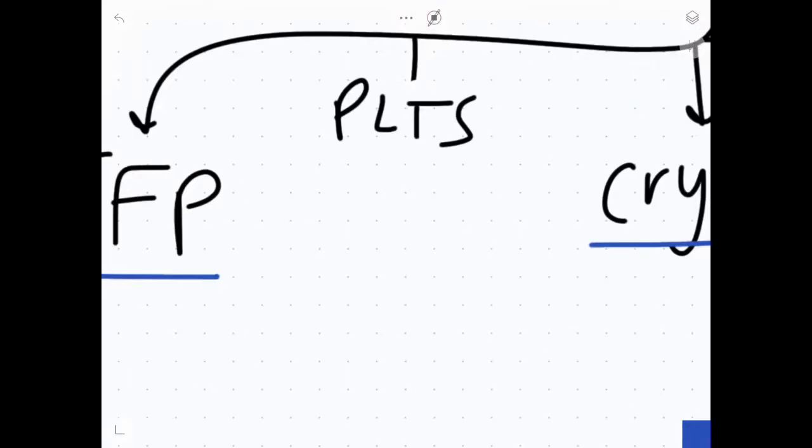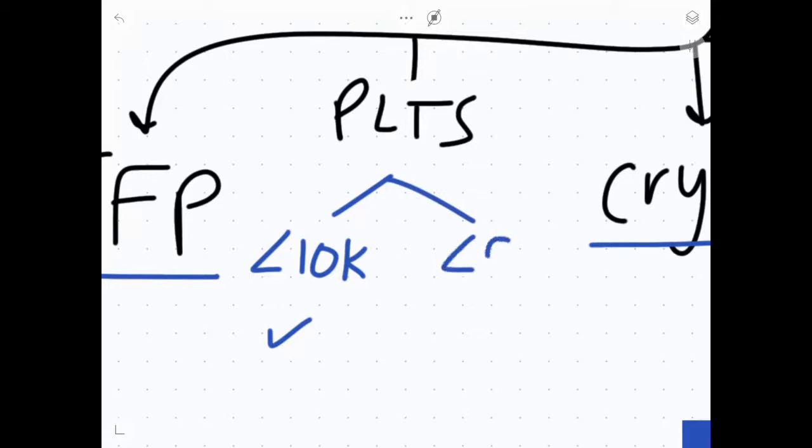You transfuse platelets if somebody has less than 10K platelets, because they're at an increased risk of spontaneous bleeding. So you go ahead and give them platelets. Or if somebody has less than 50K platelets, 50K is 50,000, and they're actively bleeding, then you go ahead and give them platelets.